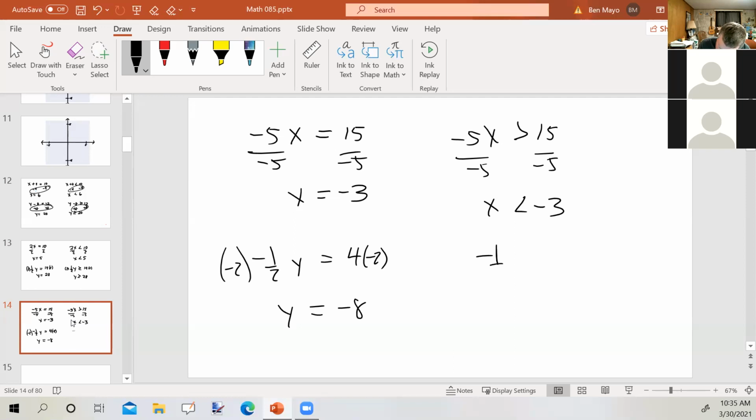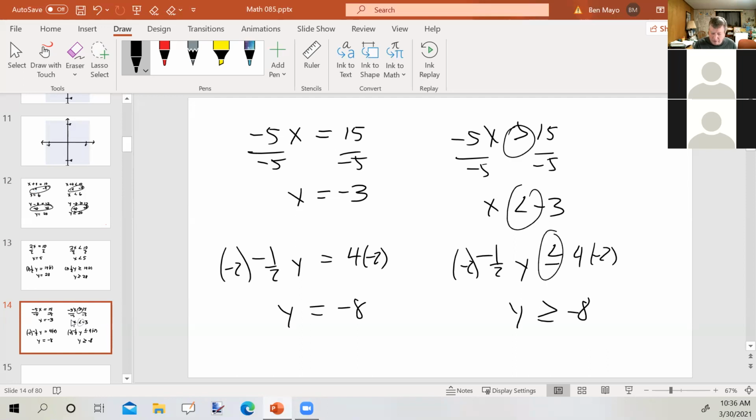And then if we've got negative 1/2 y less than or equal to 4, we'd multiply both sides by negative 2. So basically, if we multiply or divide both sides of an inequality by a negative number, then and only then do you change the direction of the inequality sign.